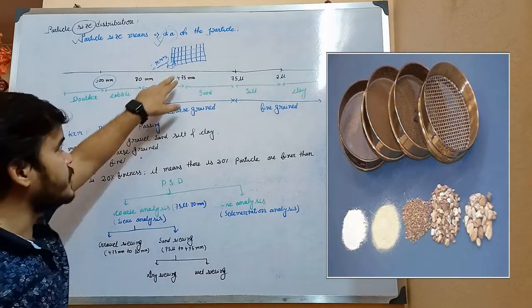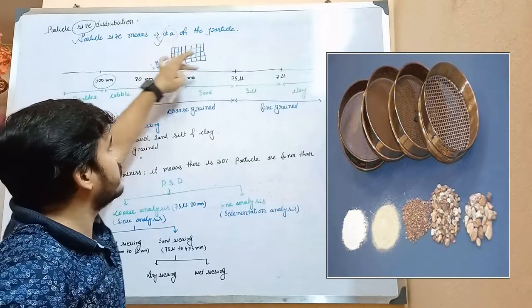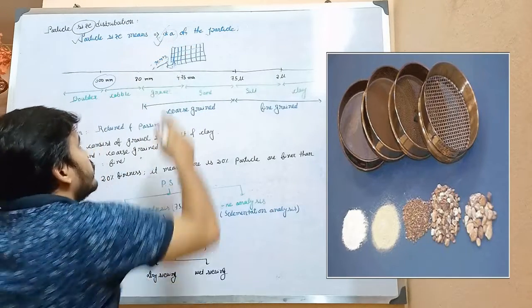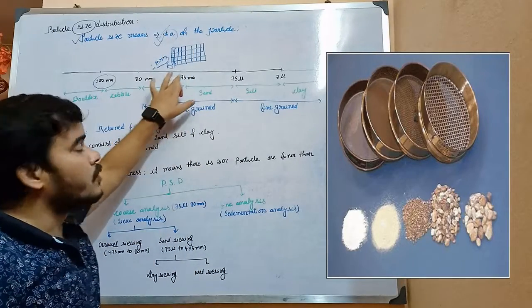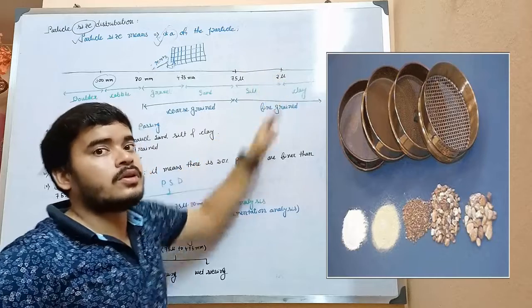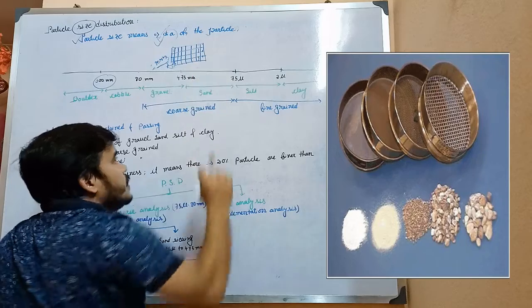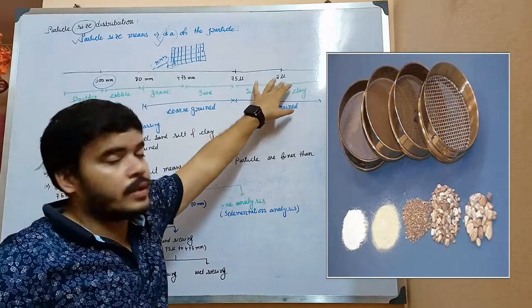Similarly for this, the size of one box will be 4.75 millimeter. The whole sieve, all the boxes, will have a size of 4.75 millimeter. 75 micron, 2 micron, are even smaller. The size of the box will be much smaller in 2 micron.